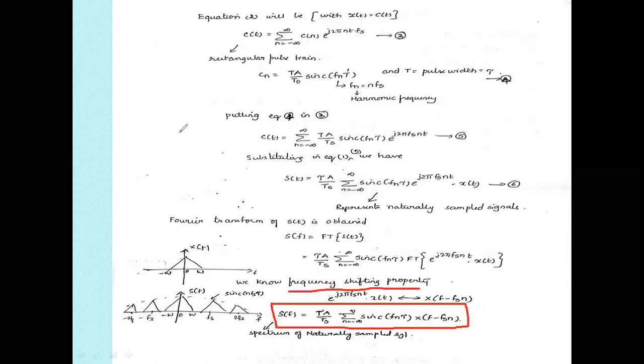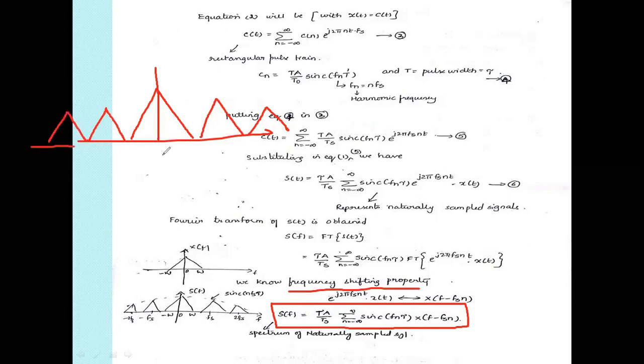By using natural sampling, the spectrum looks like this. The center one has the same amplitude. Going on, its amplitude decreases at Fs and 2Fs, and similarly on the other side, at minus Fs and minus 2Fs.